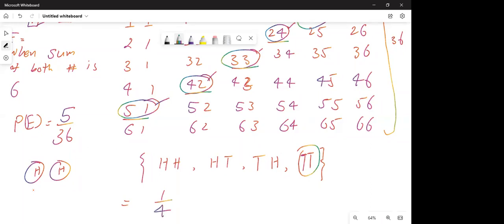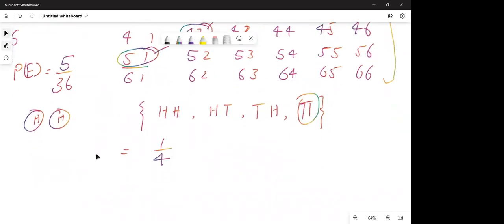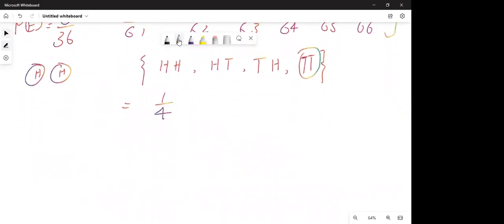So there are 2 kinds of probabilities: the independent event and the dependent event. These were independent events. When you flip the first coin, it does not affect the outcome of the second coin.